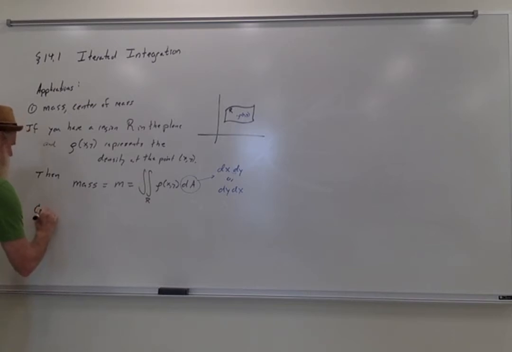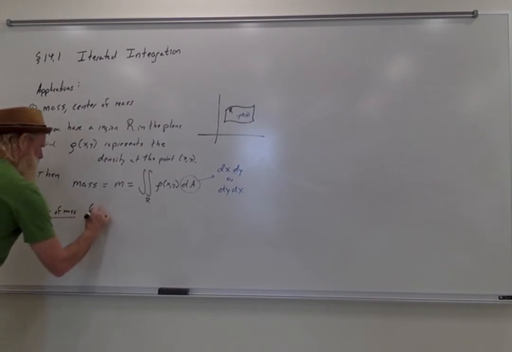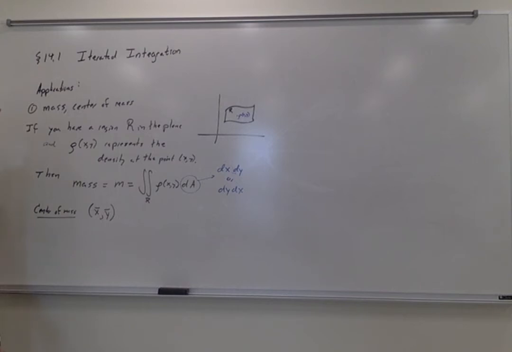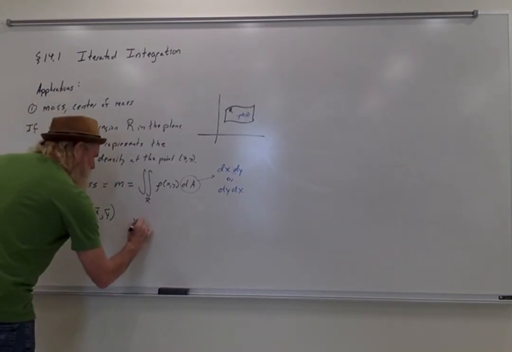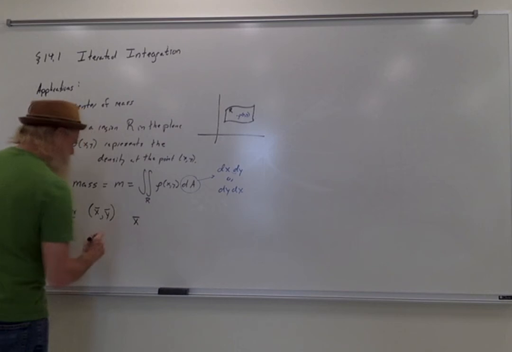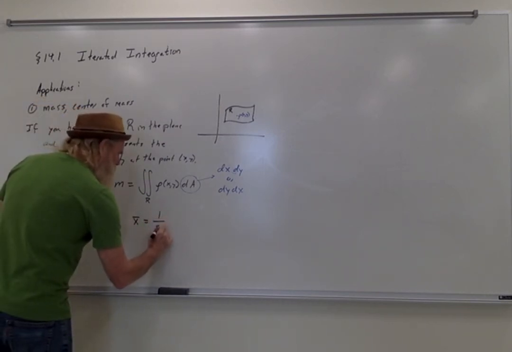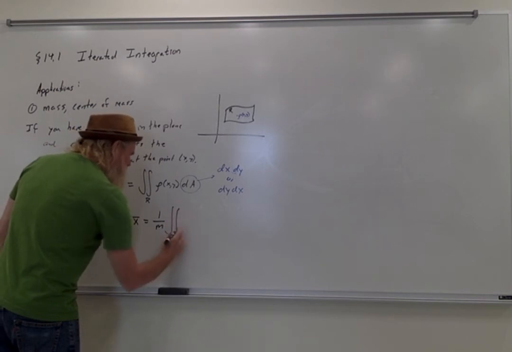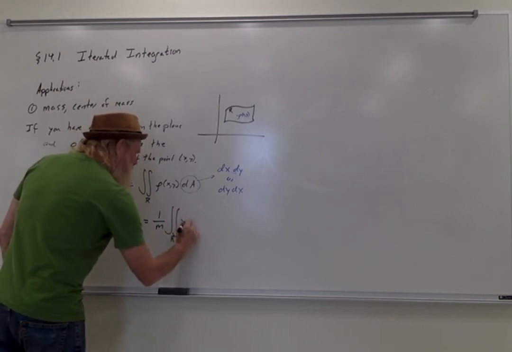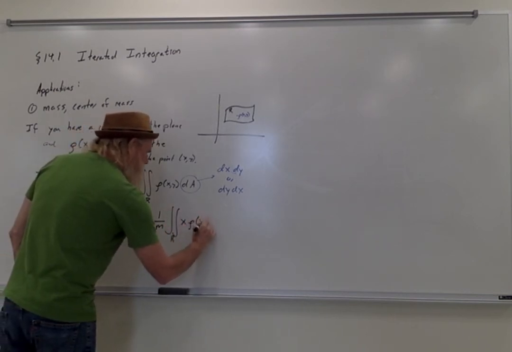And the center of mass, we can call x bar, y bar, is going to have coordinates. X bar is 1 over the mass times the integral over R of x times the density.